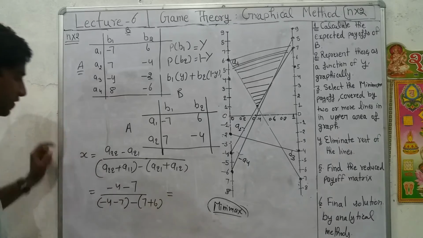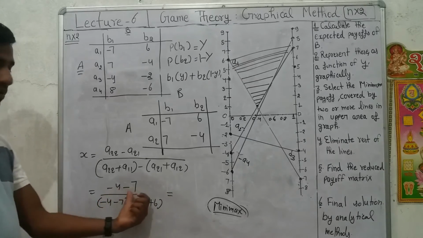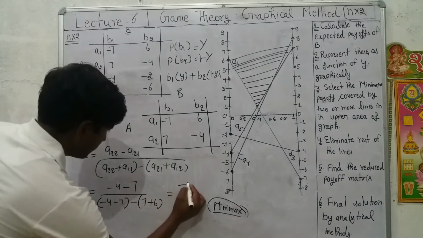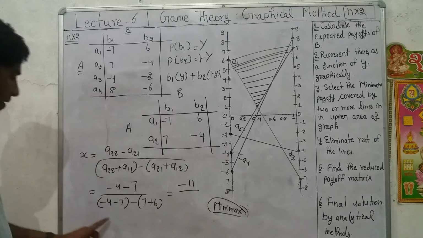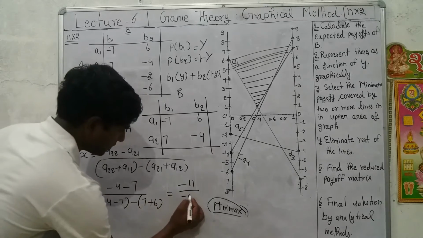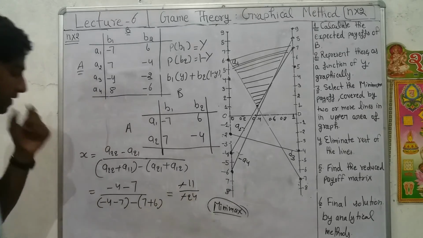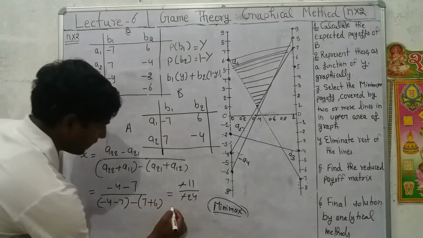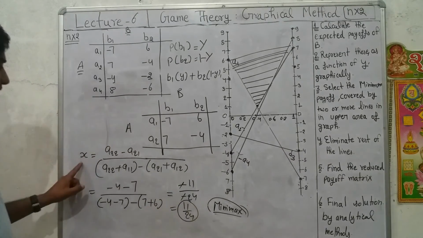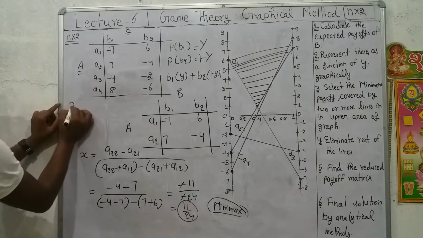So the value would be equal to minus 4 minus 7, that is minus 11, divided by minus 11 minus 13, minus 24. So minus and minus cancel, and the value would be equal to 11 by 24.